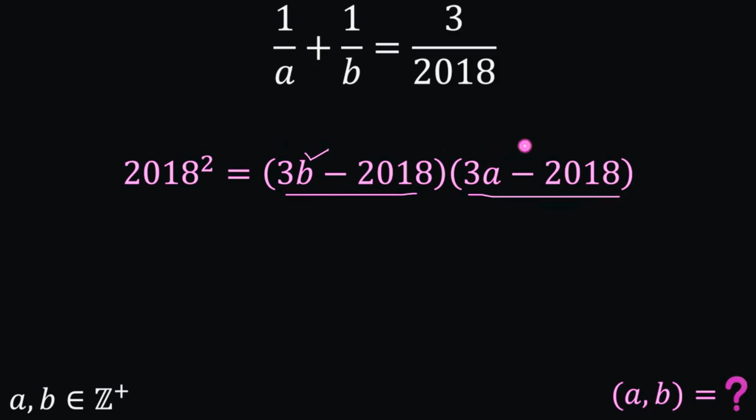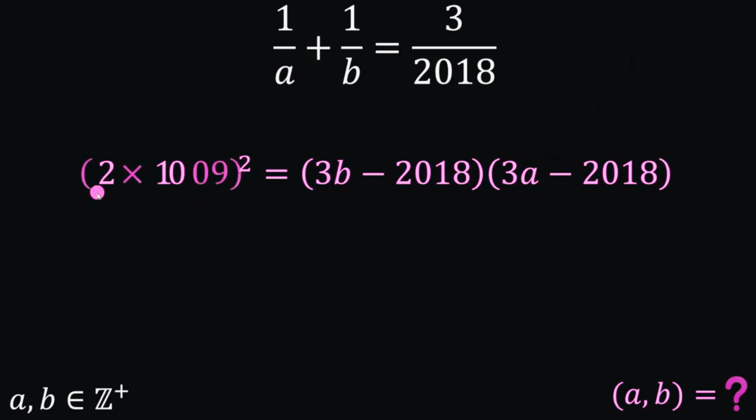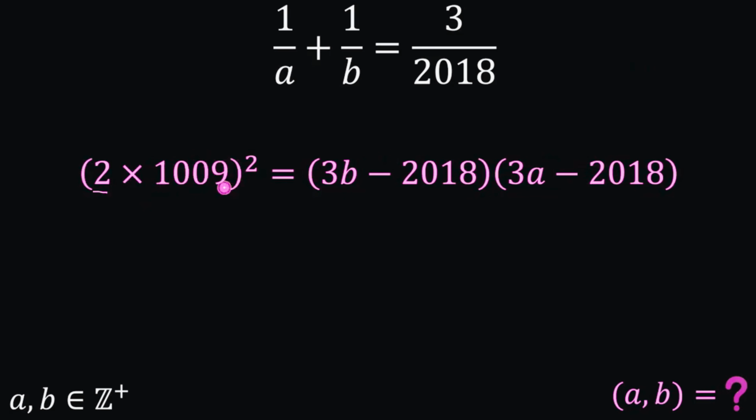The only difference is the variable. So, if we get an answer of a comma b, the other answer is also b comma a. Or simply, we can interchange the values of a and b. And also, this 2018, notice that we can factor this as 2 times 1009, and these two are the only prime factors of 2018.